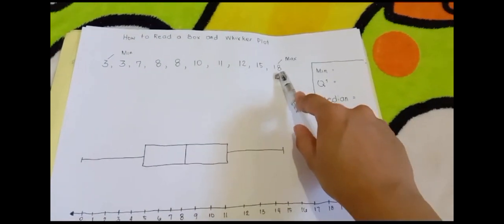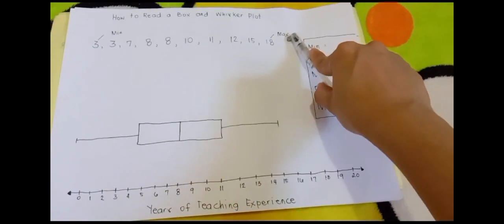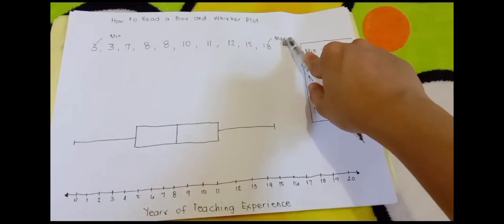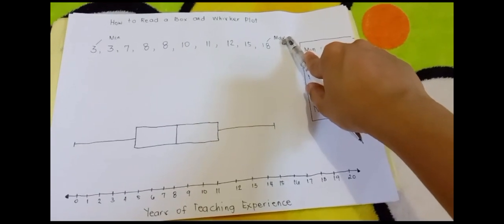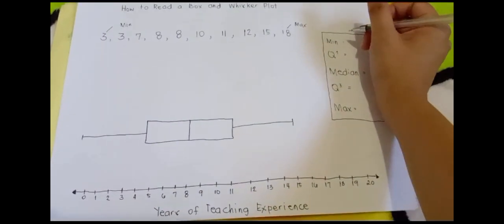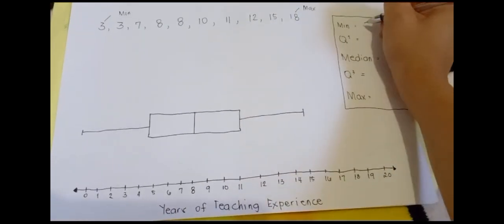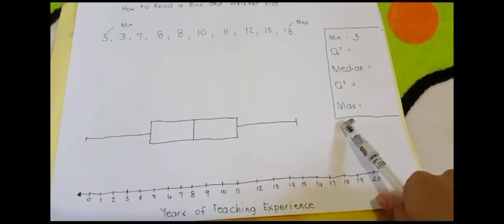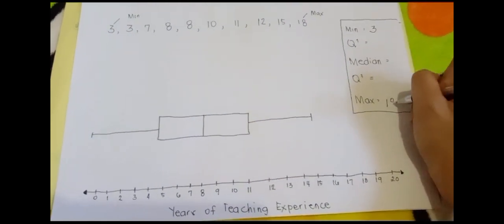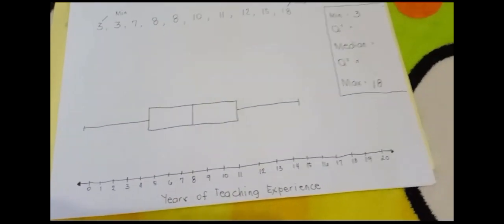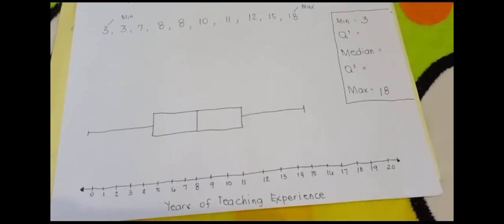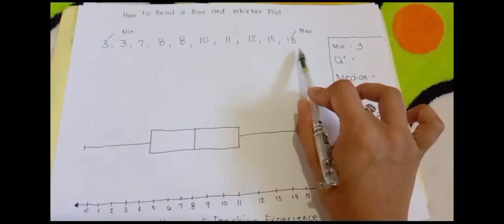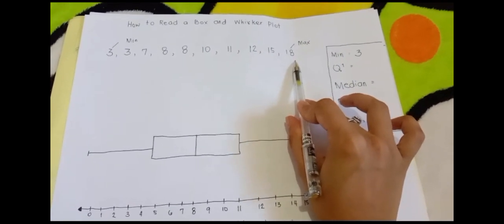And 18 is the highest number, kaya ito po ay naging maximum number. Kaya ang minimum or lowest number is 3. Lalagay natin siya dito. And the maximum number or highest number is 18 years. The minimum is 3 years and the maximum is 18 years.